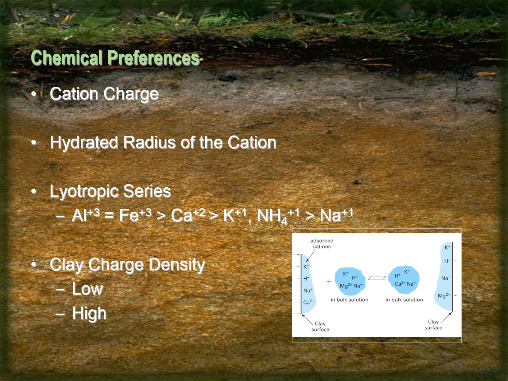So if they have the same charge over different surface areas, it's easier for the potassium to exchange or to be adhered to the soil or the clay surface than sodium.